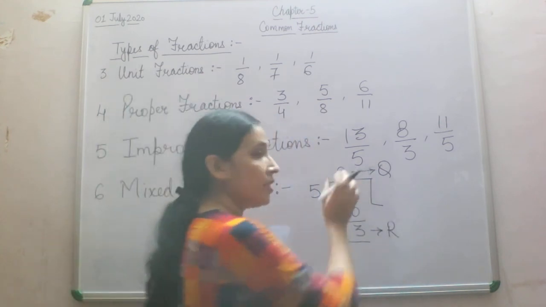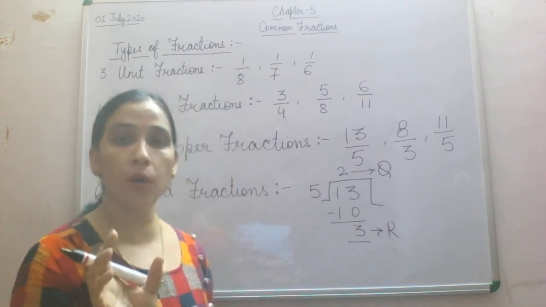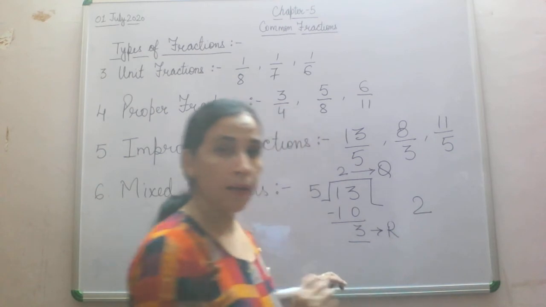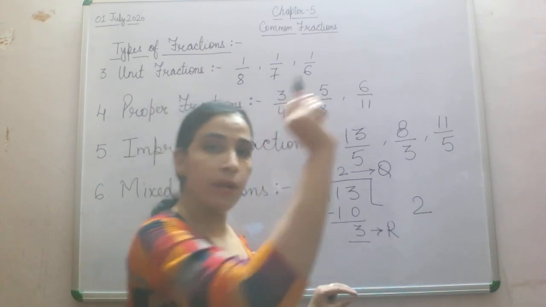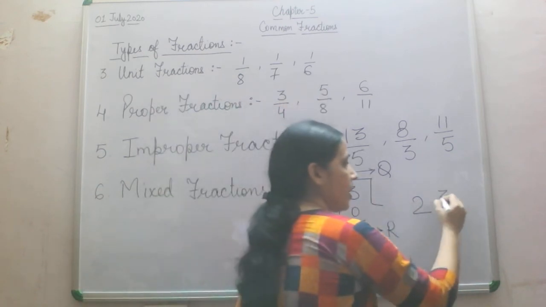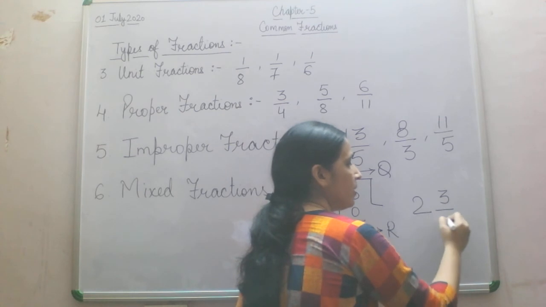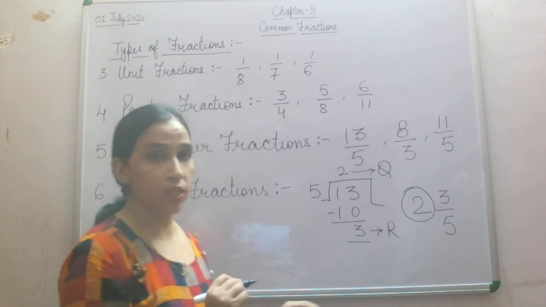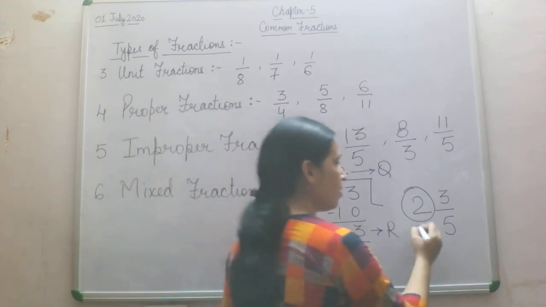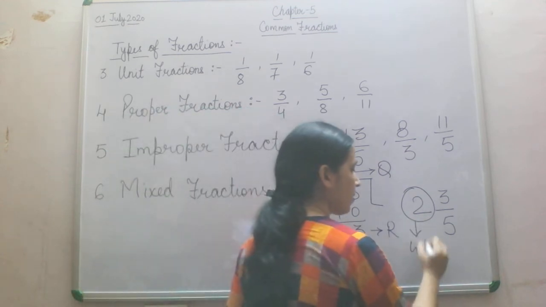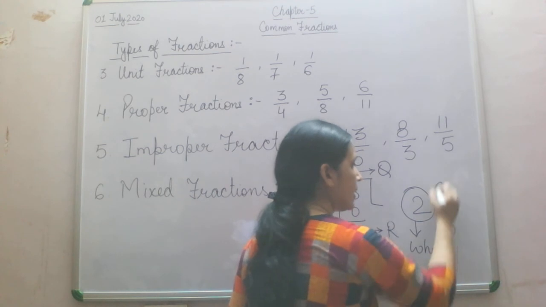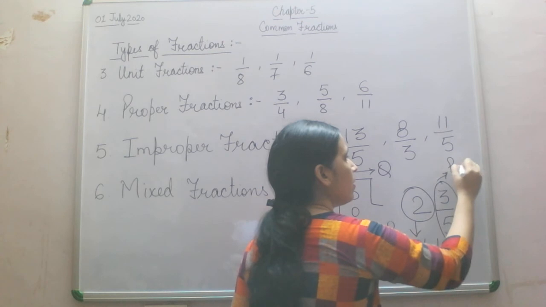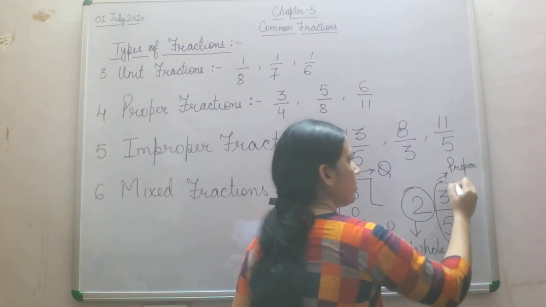Now how do we write it? This quotient will represent the whole part. See this? 2 will be the whole part. Then the remainder will be written above and the divisor will be the same. Now this is the mixed fraction in which 2 represents the whole part and 3 by 5 represents the proper fraction.